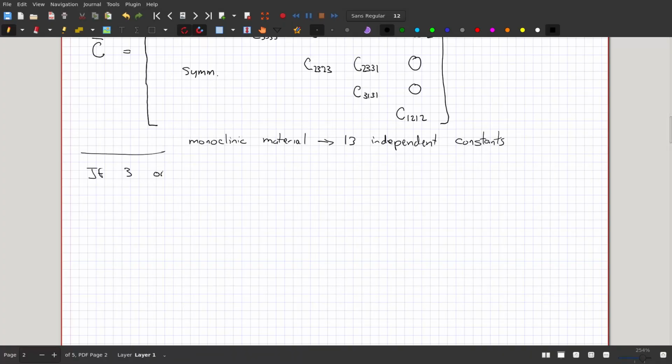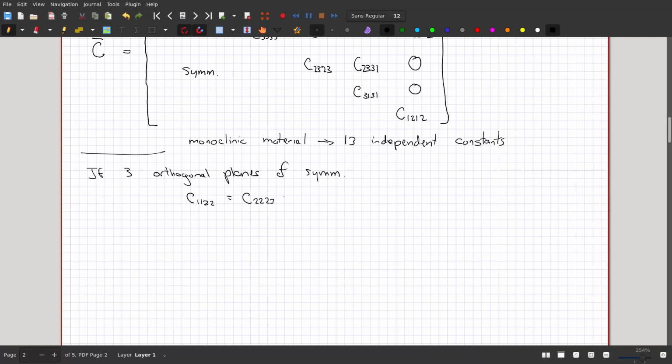So if there are 3 orthogonal planes of symmetry, then additionally we have that C1112, C2223, C2231 and C2212 are all equal to 0.